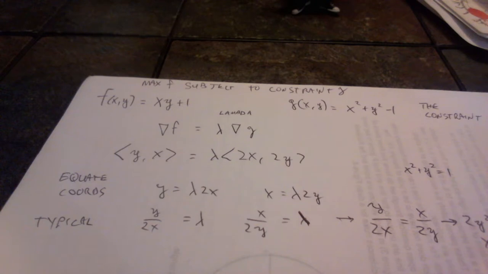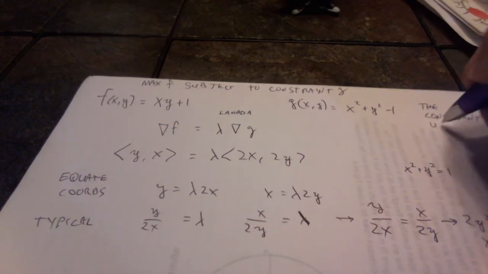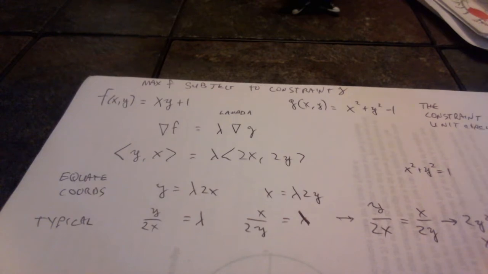Now we're treating g of x, y as if it's equal to 0. But the idea is the constraint is the unit circle. The minus 1 really doesn't matter. It's the x squared plus y squared that is guiding us. The constraint is the unit circle. So we have a formula for the unit circle. Anyway, so I have x squared plus y squared equals 1, and I already know x equals plus or minus y.